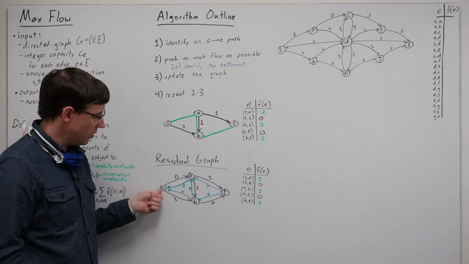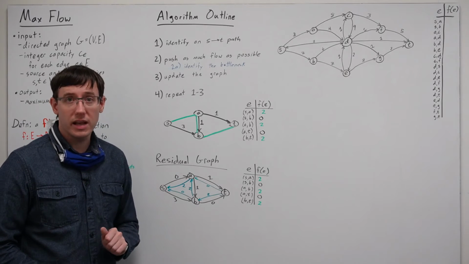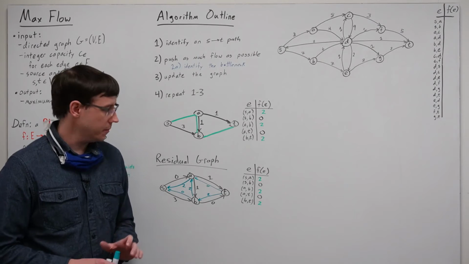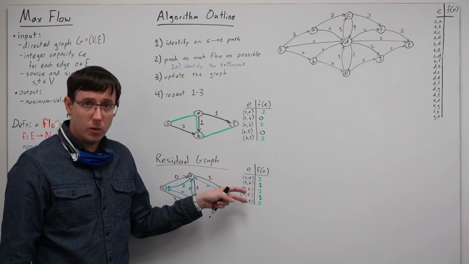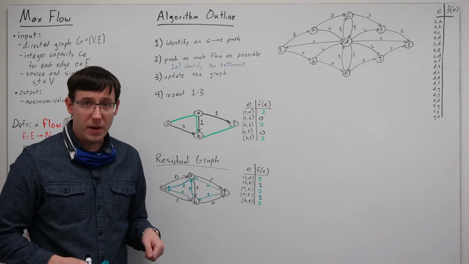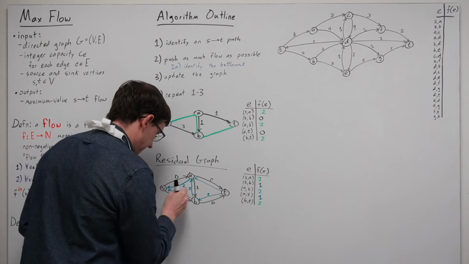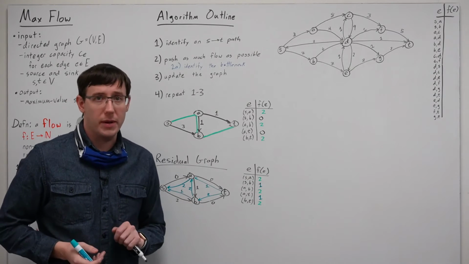For the edges S to B and A to T, that looks exactly like what we just did. We'll add 1 to their flow, subtract 1 from their capacity, and add 1 to their residual capacity.